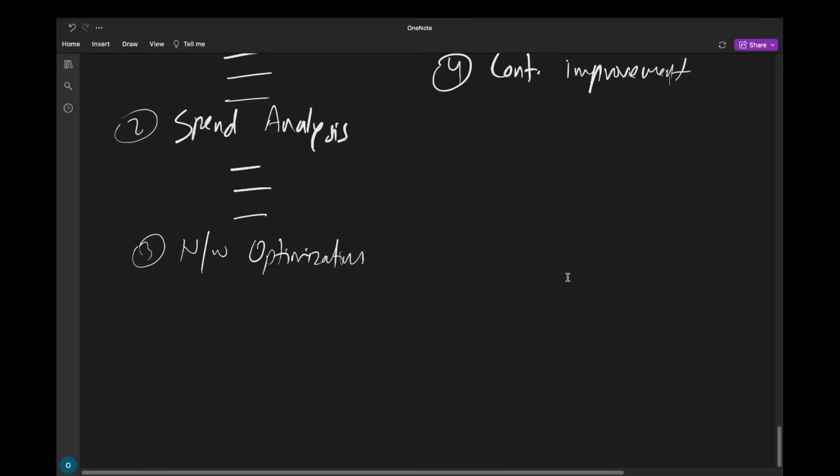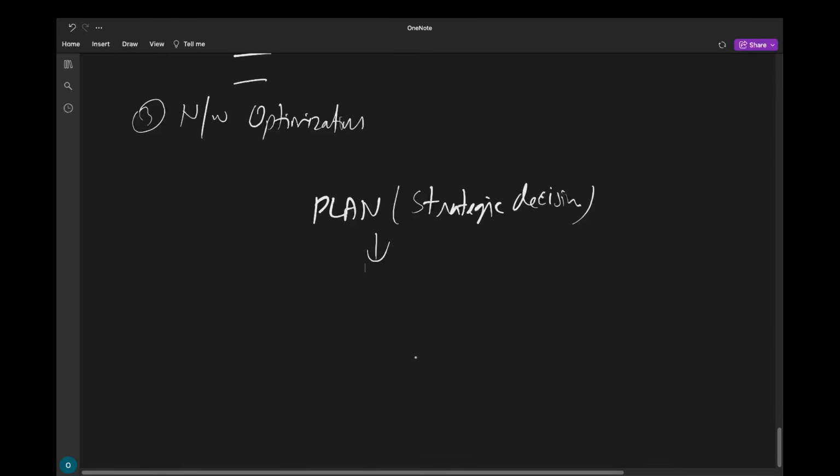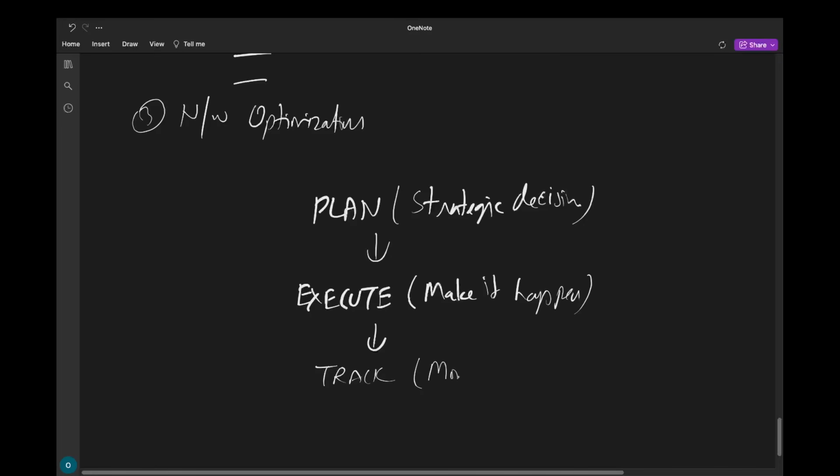So we have seen the complete cycle. It starts with the plan, and in planning we do strategic decisions. Then after planning we do the execution. Here we make it happen. Then track, monitor the progress.